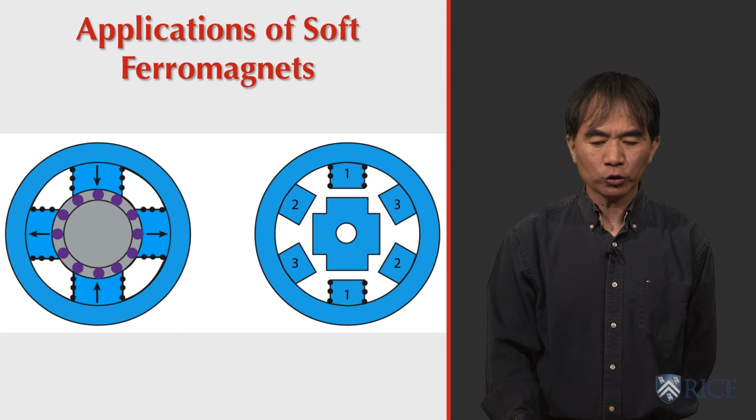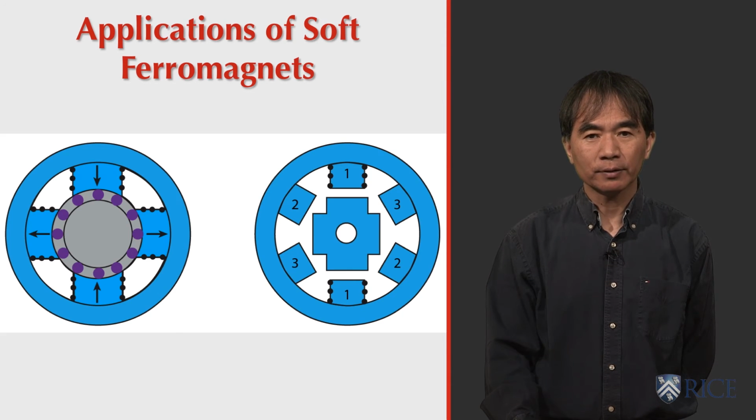The other application of a soft ferromagnet, as we mentioned earlier, is to produce electricity. You can have a case in which the electric current goes back and forth, in which your magnetic field goes back and forth and back and forth.